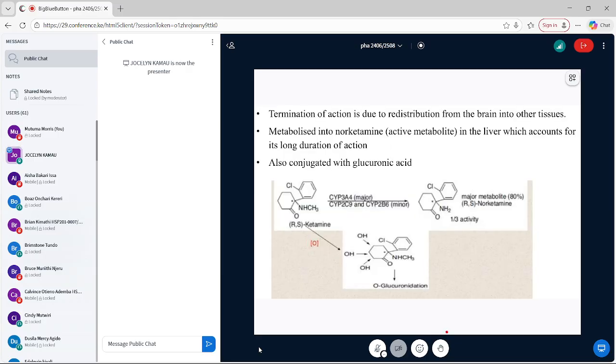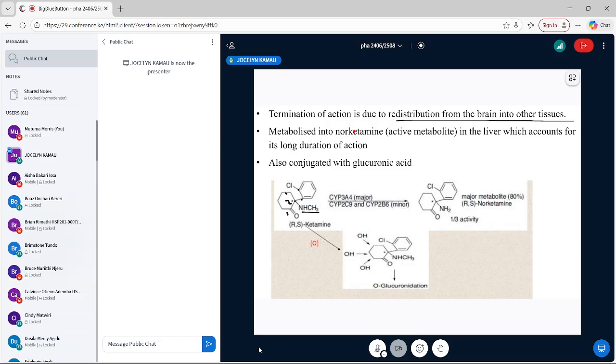Termination of action is due to distribution from the brain into other tissues, so the termination of action is not just because of metabolism. For those who have studied the barbiturates, you understand what we call redistribution. This compound has good lipid solubility.